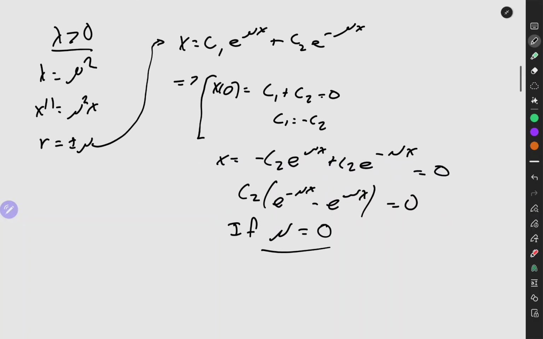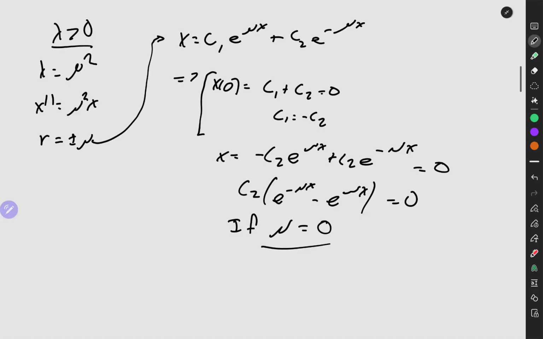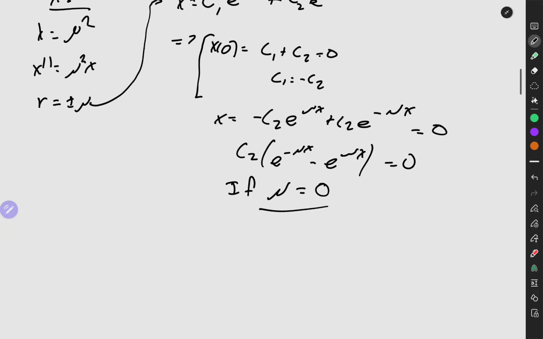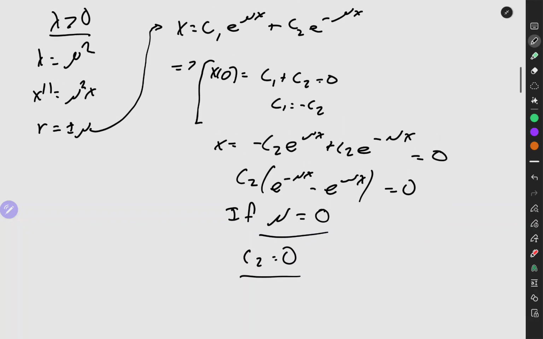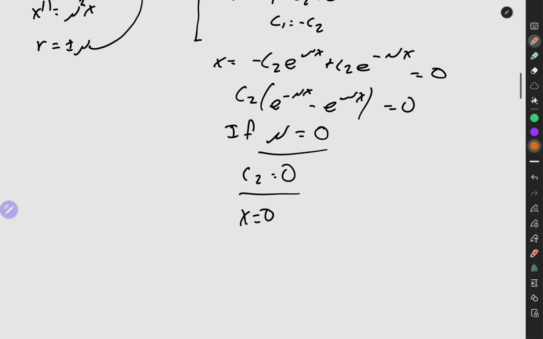Then C2 would be equal to 0, because you see we would have C2 times 1 minus 1, which is 0. If C2 is 0, C1 is also 0 based on this, so then X is 0. So it's only trivial.